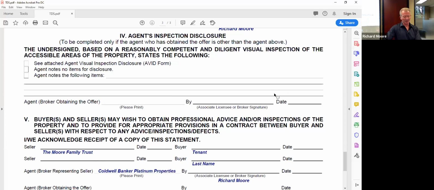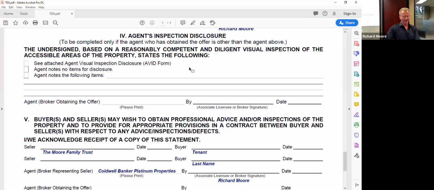So remember, when completing the AVID, if there are 4 bedrooms listed on the AVID, but you have 2 bedrooms, you should simply state NA, not applicable, for those spaces that are to be left blank. If you don't see anything, then you should write no visual material defects. I see so many people from other offices writing good, wonderful, good throughout every single line item. Now we know that that's not possible.